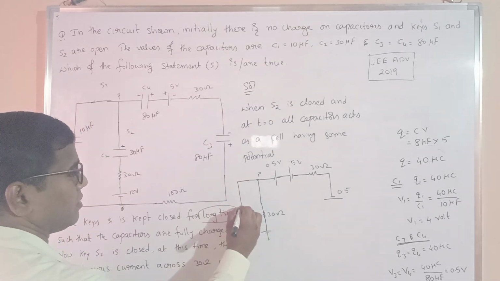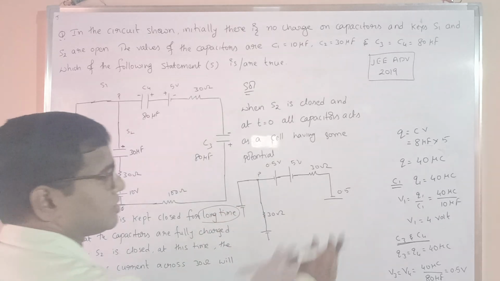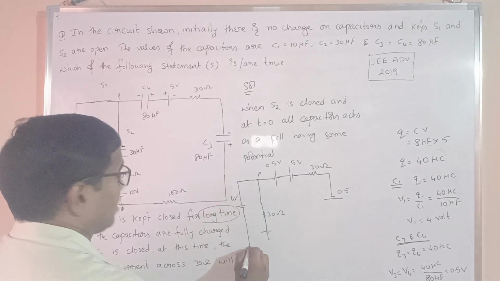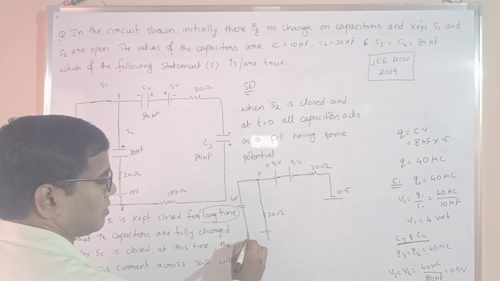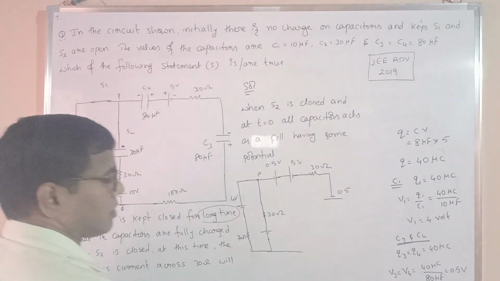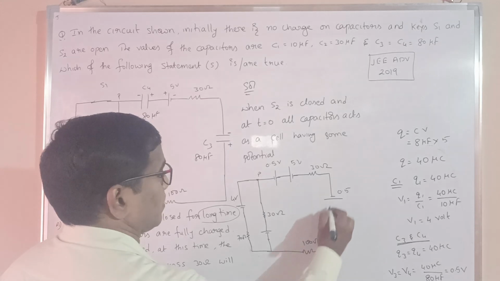And here C1 acts as a potential. How much is it? 4 volt potential. And here the resistance is given as 70 ohm. And here one resistor is there, 100 ohm, and this joint.